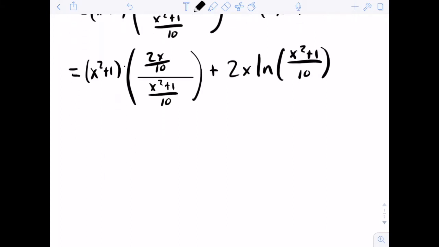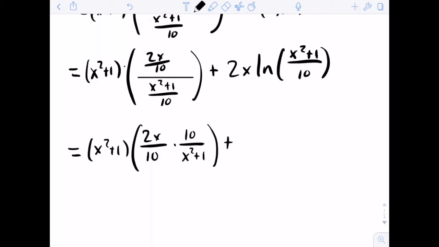Okay, so how do we simplify this fraction over a fraction? We can flip and multiply. So this is (x squared plus 1) times (2x over 10) times (10 over x squared plus 1), plus 2x times the ln of (x squared plus 1) over 10.